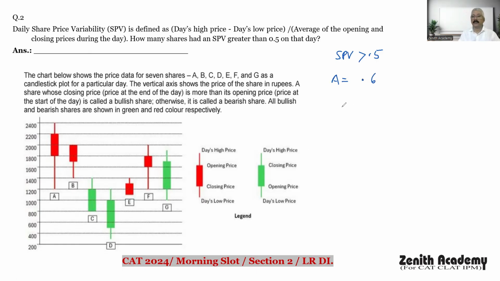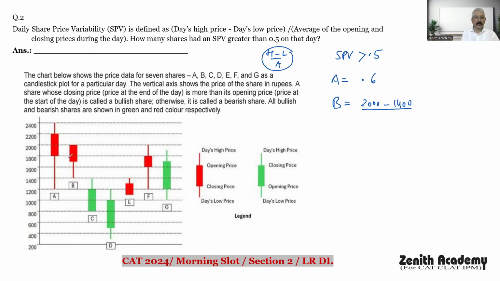And B is here. For B, the SPV will be the high minus low upon average. So for B, the high is 2000 and the low was 1400, divided by the average of opening and closing.